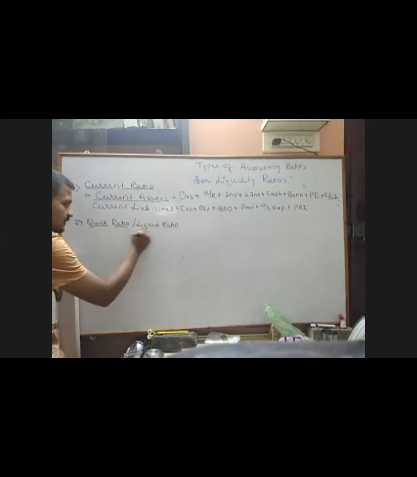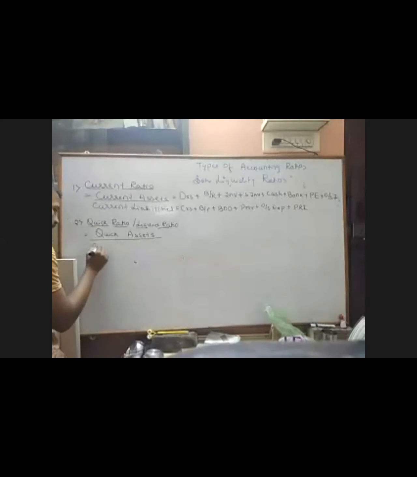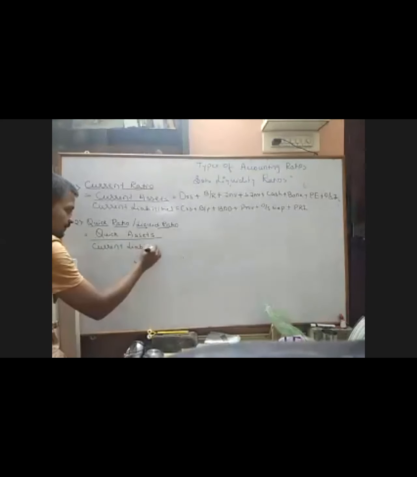The formula is quick assets divided by current liabilities.